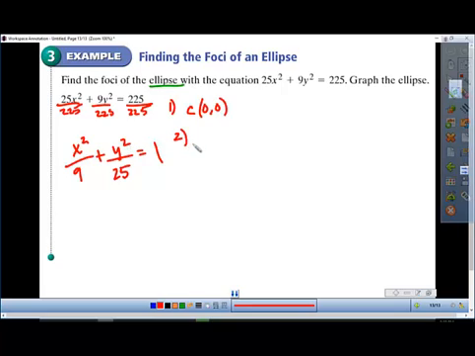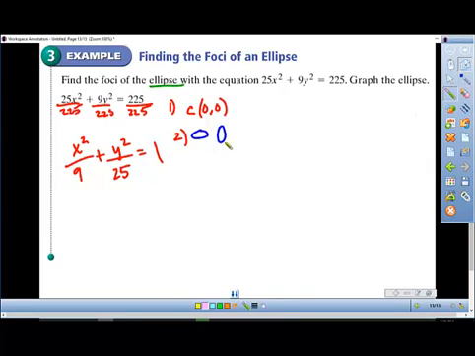Step 2, we're going to plot that, but we want to know, is it going to be a horizontal one or a vertical one? Well, since the number underneath the y is bigger than the number underneath the x, it's going to be a vertical one like this. That's good to know.